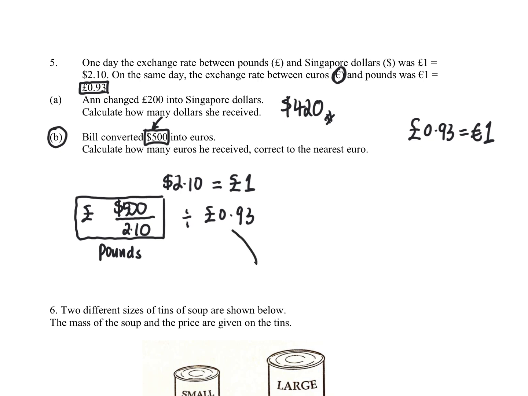So a lot of you forgot to divide by this. So final answer, if all is right, you should get 256 rounded off to the nearest euro. I put 256.01. But they say correct to the nearest euro. Okay?